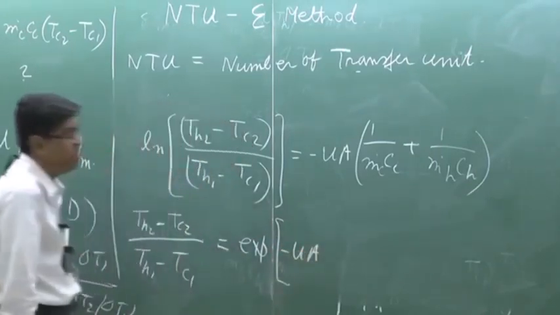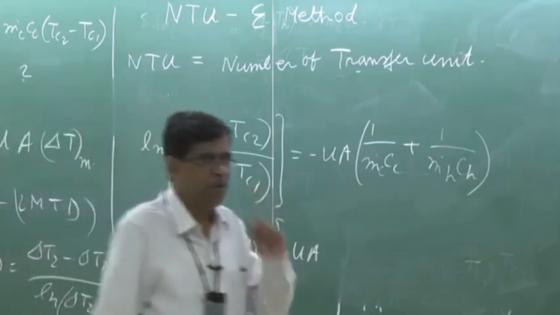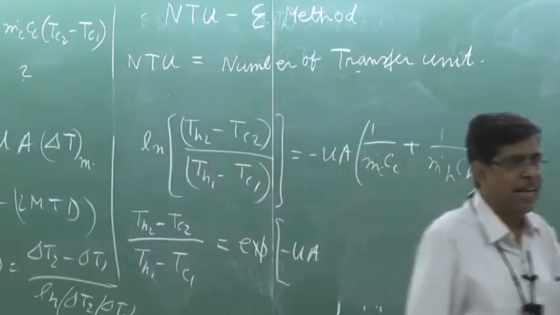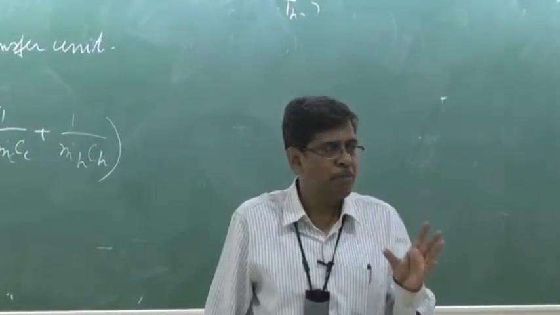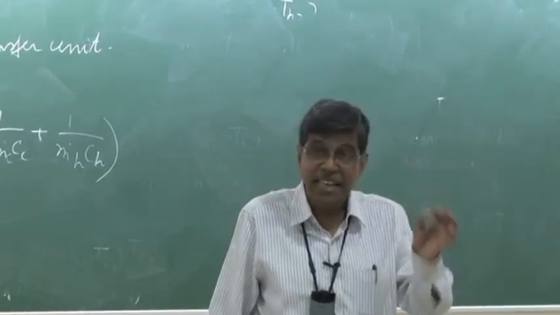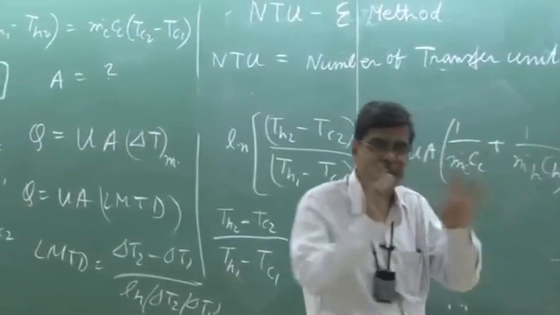and here I will make some assumption before doing, because it is case by case. In a parallel flow, I first assume the cold fluid is the minimum fluid. That means m dot Cc is the minimum. The catch you will know afterwards. First accept it.